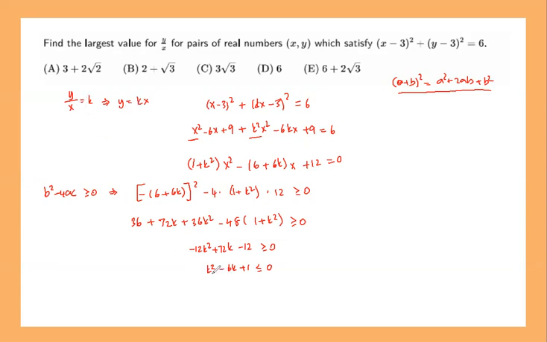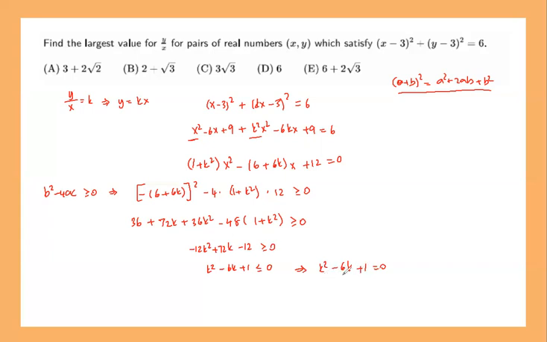But you are looking for the largest value of k, so we can find the k values that make it 0, because that will be the largest value; other than that, everything will be smaller. So we have k squared minus 6k plus 1 equal to 0 to get the largest number.